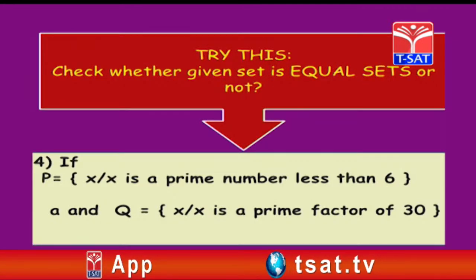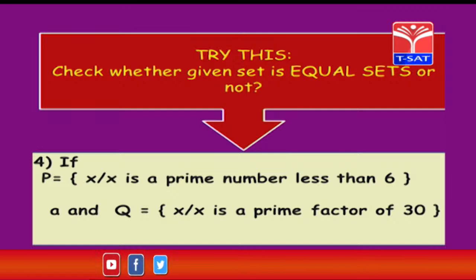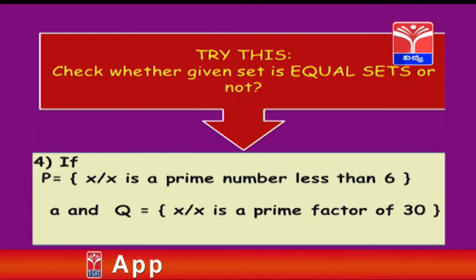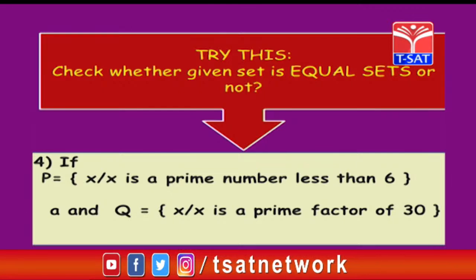I have discussed 3 problems. You see, P is a set of x such that x is a prime number less than 6, very simple prime numbers, and again Q is the set of prime factors of 30. You have learned prime factorization in your first chapter. So, let us think and discuss with your friends whether the given sets P and Q are equal sets or not.